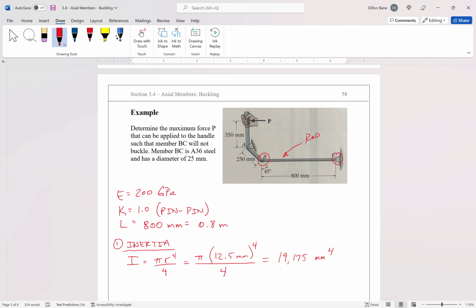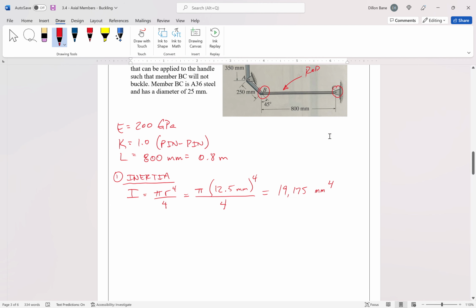So again, we've got all of our variables figured out now. We can plug it into our P critical equation. Pi squared times E. When I'm dealing with metric units, I like to keep everything in the base units of meters and newtons. So 200 gigapascals becomes 200 times 10 to the 9th.